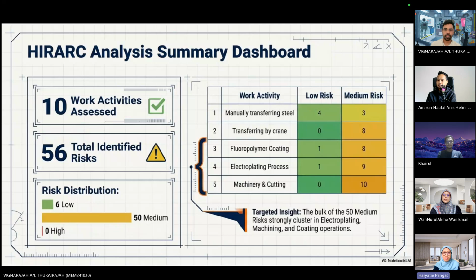Overall, the HIRAC assessment indicates that no high risks were identified. Proactive risk management is still required to further reduce the number of medium risks and ensure a safer working environment. Next slide, please.